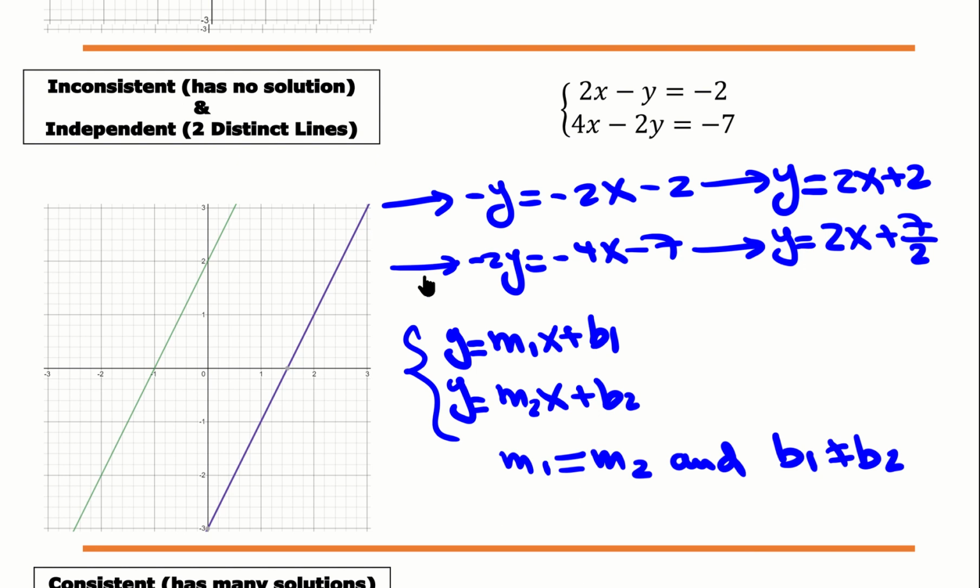So if you put any system into slope-intercept form and you discover this, you know immediately you're going to have an inconsistent and independent system. Make sure you understand why.